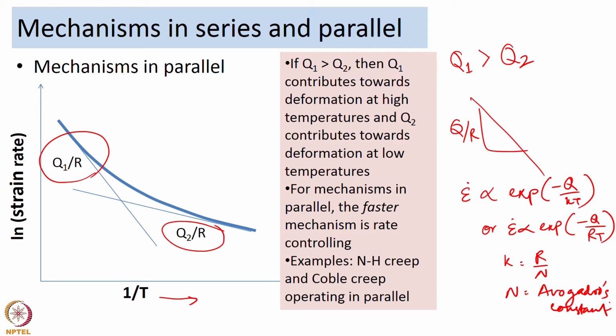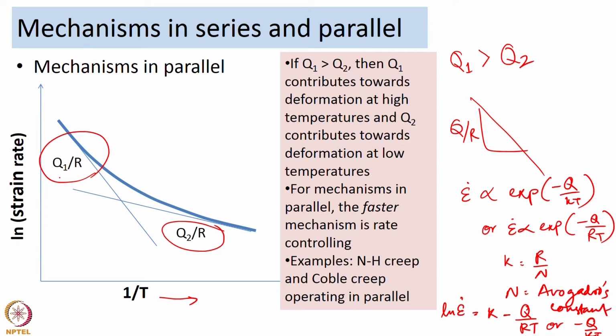So, if you now do ln epsilon dot, then that becomes some constant minus Q over RT, or minus Q over KT. So, the slope of the line will be basically Q over R. That is why I mentioned the slope of the line as Q over R.